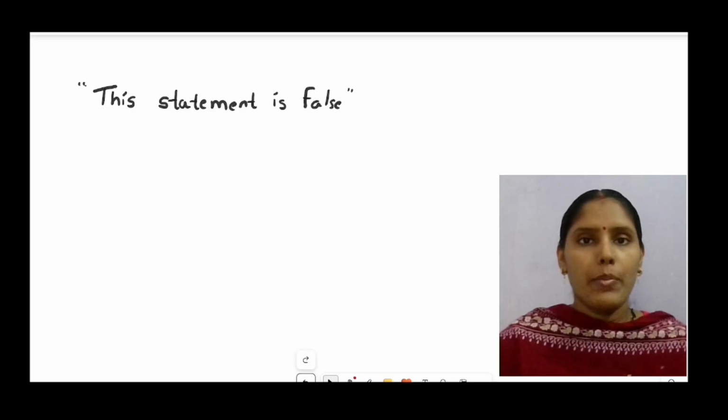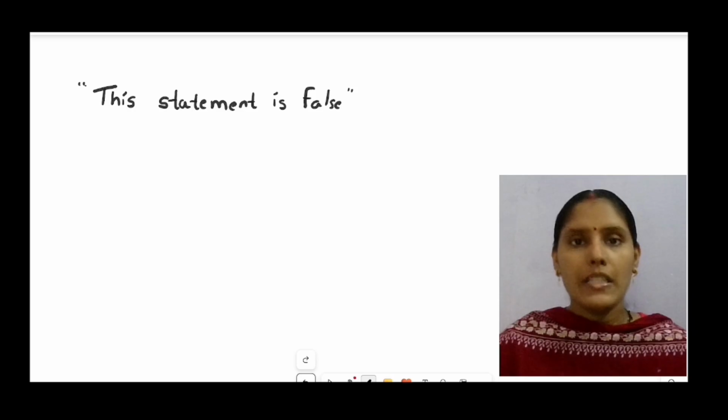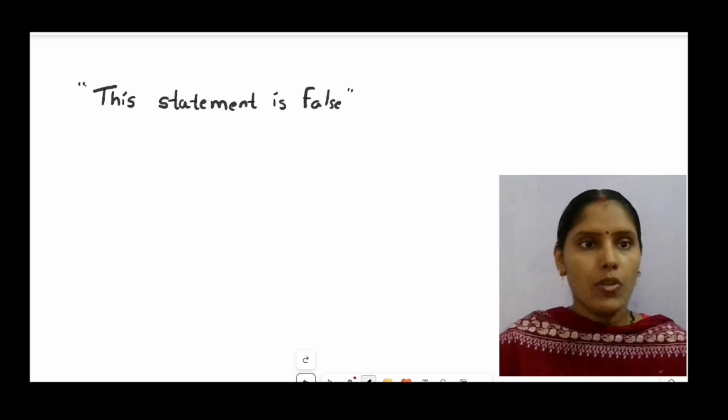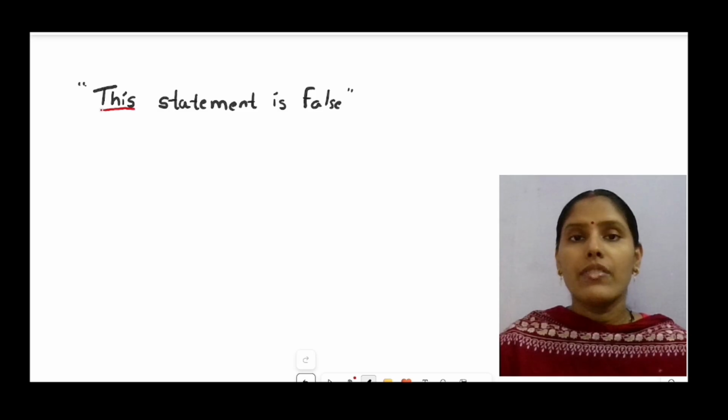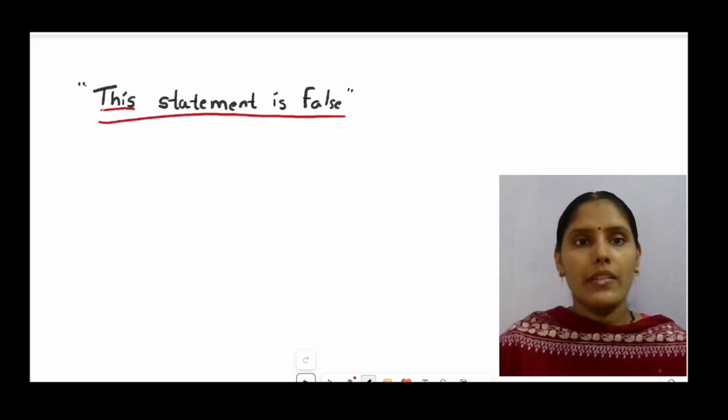So consider one example of a statement. "This statement is false." In this statement, if the word "this" is referring to any other statement, then it is meaningful.